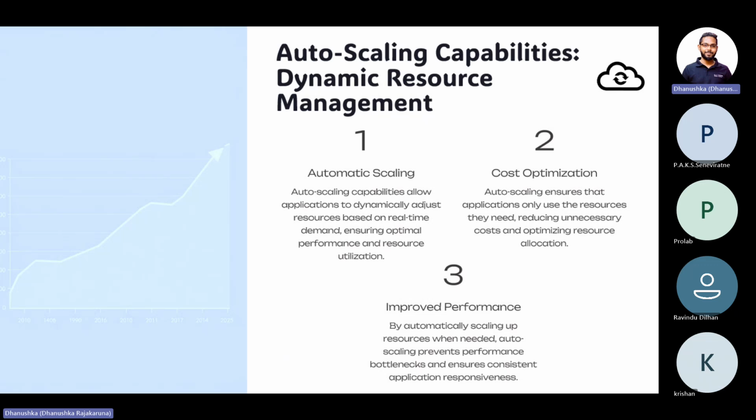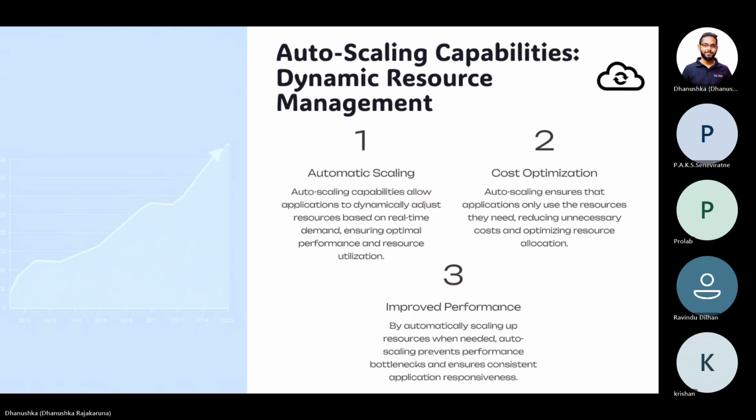If the demand is high, the request is high, the allocations will automatically scale up. If the requests are low, it will automatically reduce resources. So cost optimization happens due to automatic scaling, because if we are not using it, it will optimize the cost.